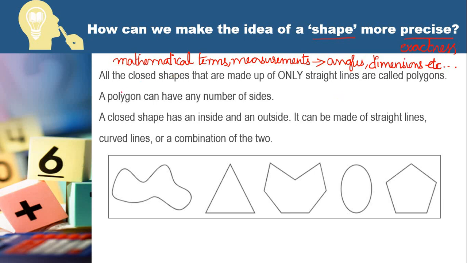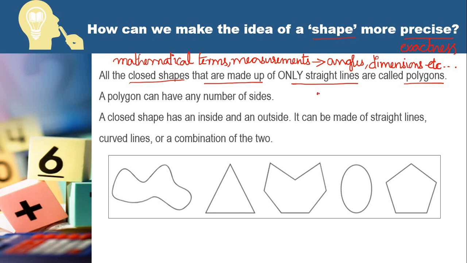Look at this, children. All the closed shapes that are made up of only straight lines are called polygons. What is the meaning of straight line?